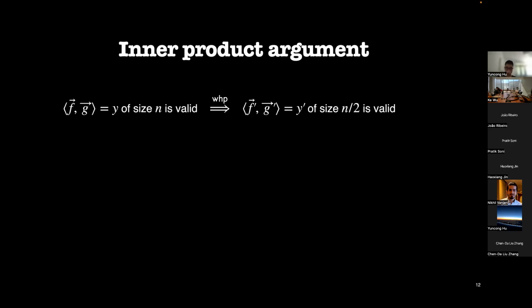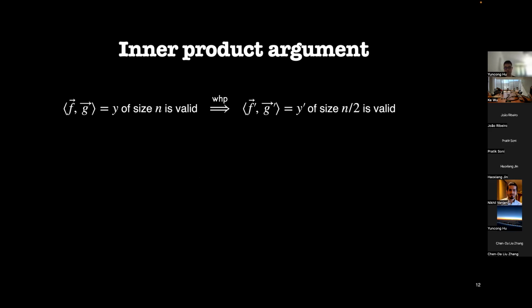And now I'm going to introduce our idealized protocol, or our information theoretical protocol. The core of this protocol is an elastic polynomial IOP, interactive oracle proof, for the inner product argument. The inner product argument is widely used in the area. It's used to prove that, given two vectors, the inner product of these two vectors is equal to some claimed result.